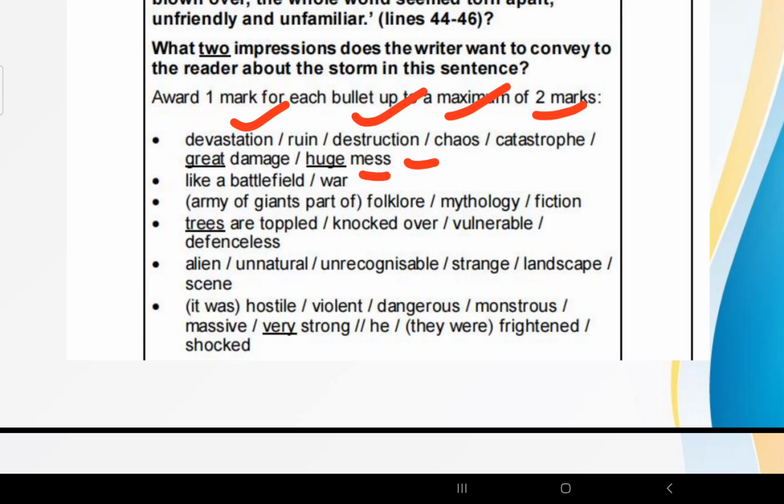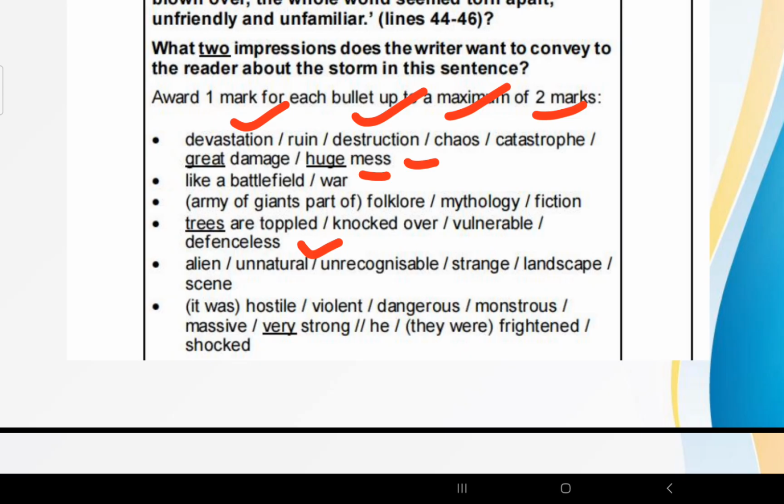Folklore means it is a kind of story, mythology, fiction, a story that is told by grandparents. So that is a kind of story that everybody knows, like a bedtime story. Trees are toppled, knocked over, vulnerable, defenseless, alien, unnatural, unrecognizable, strange, landscape scene.